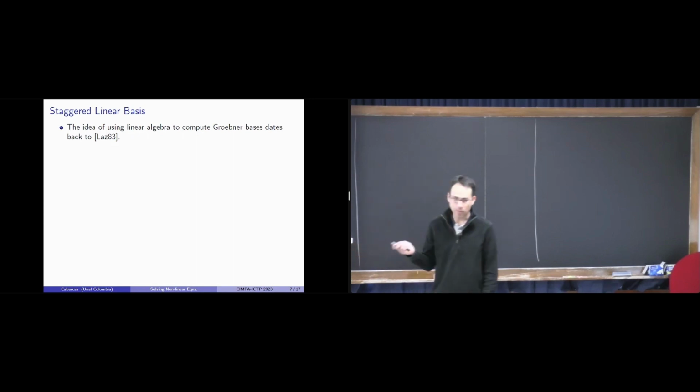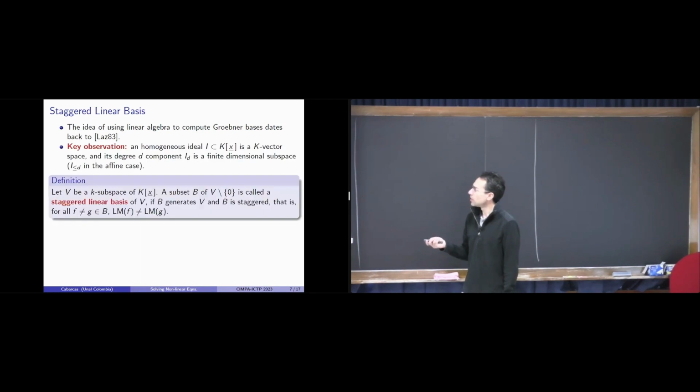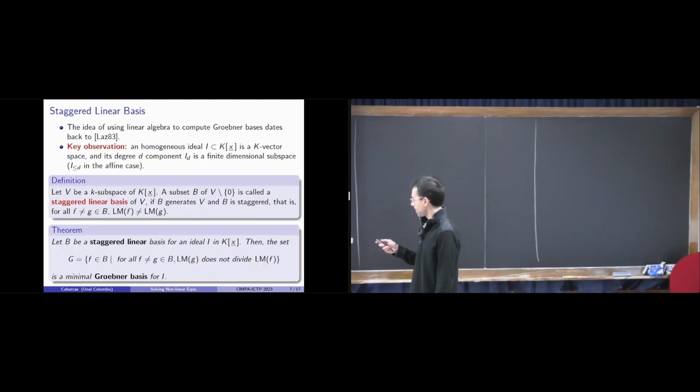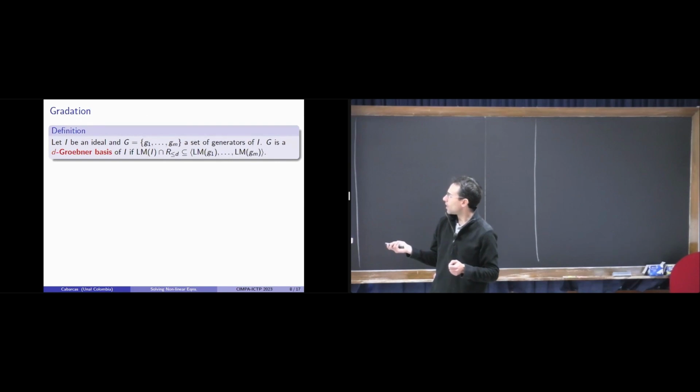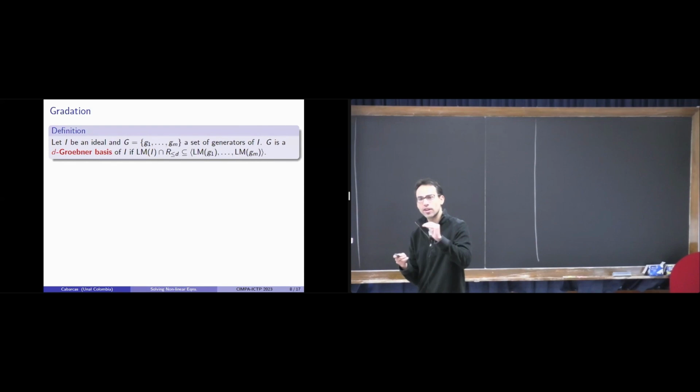Now, the reason why this worked, we showed, was because an ideal is a vector space, and if you have a staggered basis for a vector space, then you can read a Groebner basis from that staggered linear basis. Now, that's an infinite basis for an ideal, so you cannot do it directly. What we do is we do it one degree at a time, relying on the grading of the ideal.